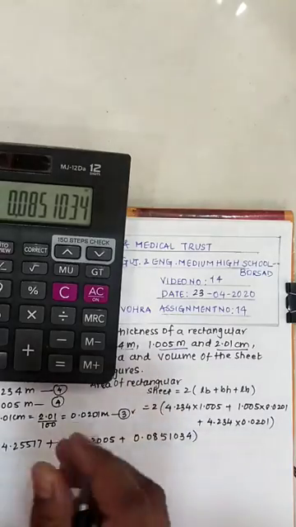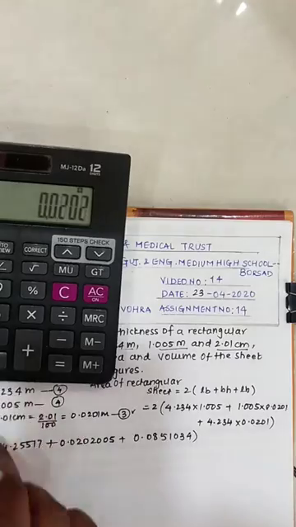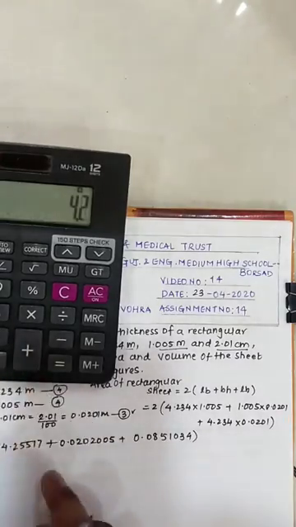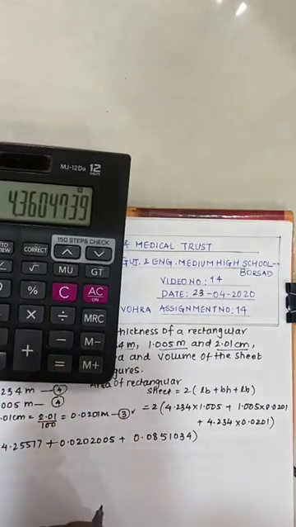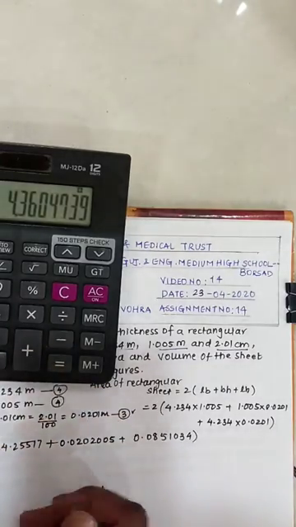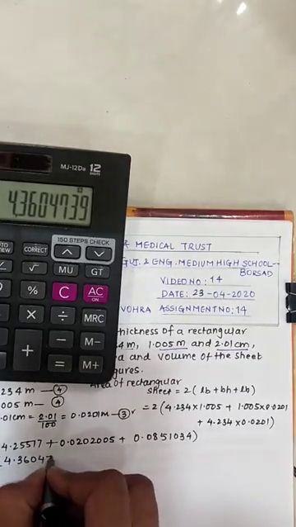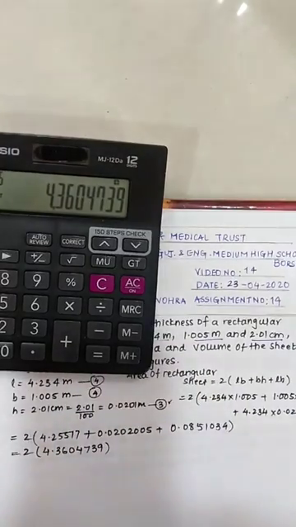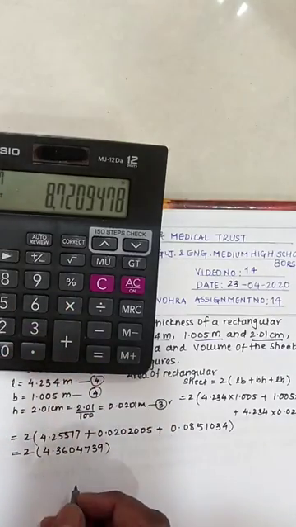Now adding all the terms: plus 0.020205 and 4.25517, so my answer is 4.3604739. Is this clear? So the addition is 4.3604739 into 2.